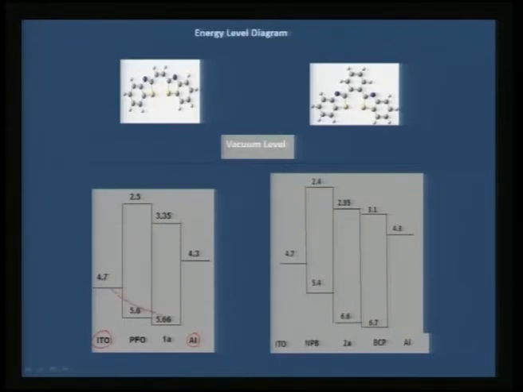Therefore, the holes are injected this way and electrons are injected this way, therefore the combination exactly appears at this interface. And similarly, in the case of 2A compound, the holes can come easily and electrons can go this way, therefore the electron hole pair can have the fusion occurring here, and therefore you can get the white light emission.